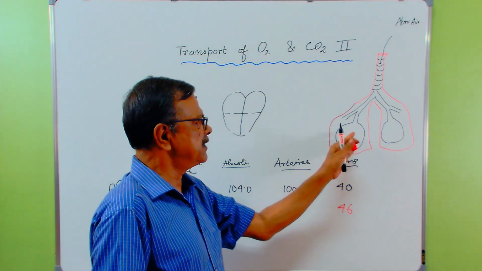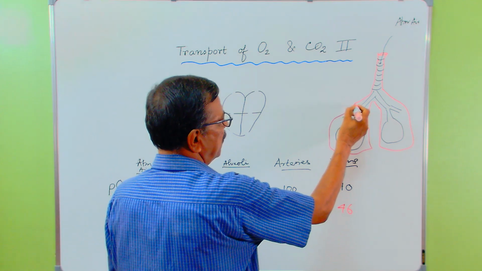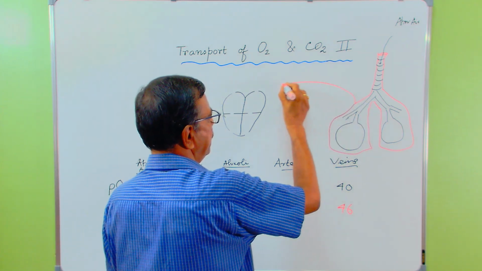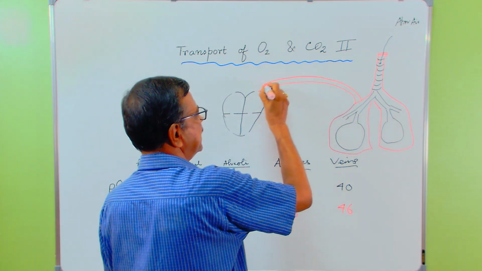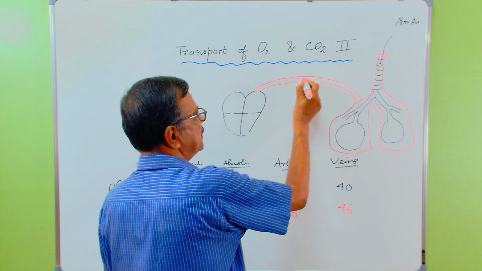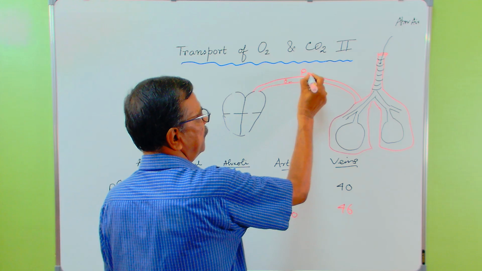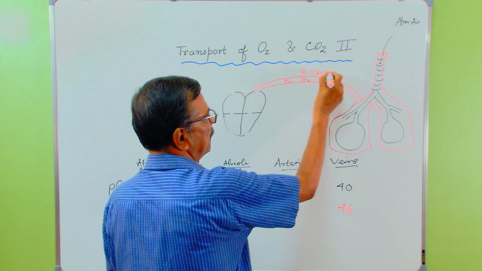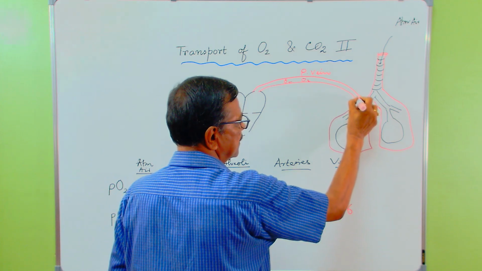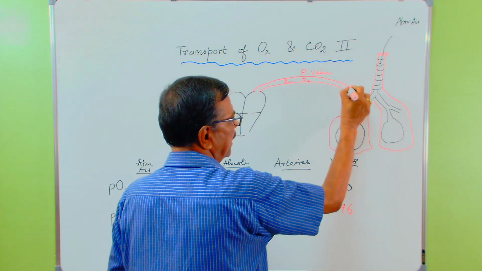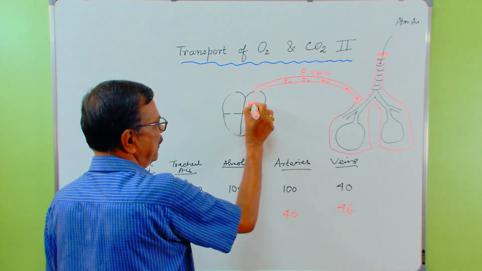Whatever oxygen is taken in by these capillaries, they unite to form a vein. This is the only exception, that vein is rich in oxygen. This is known as pulmonary vein.